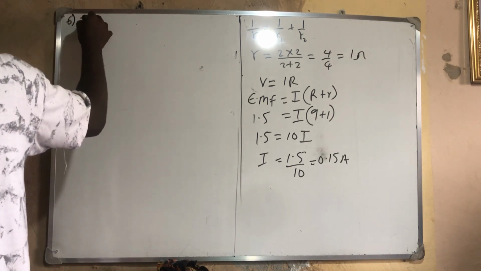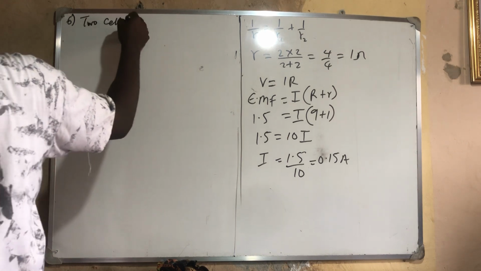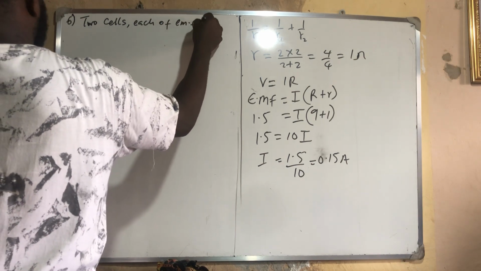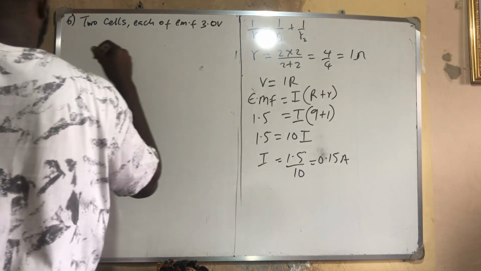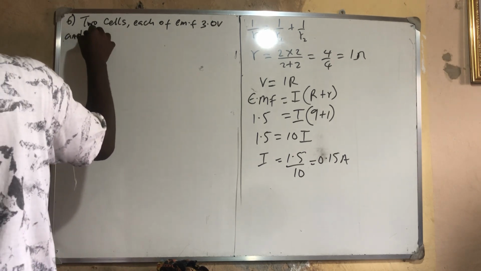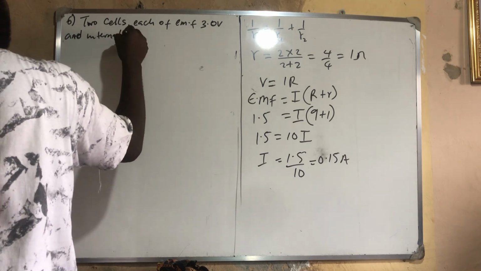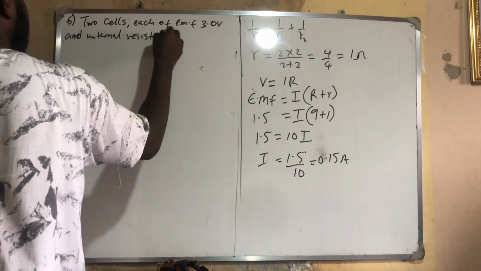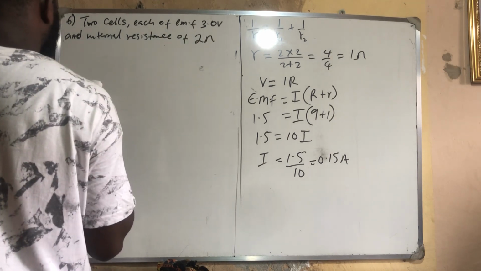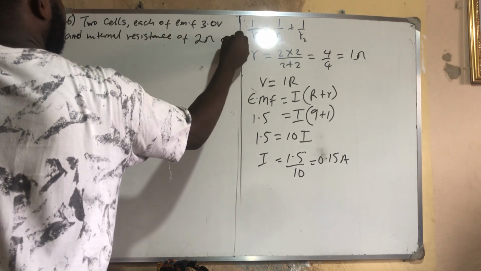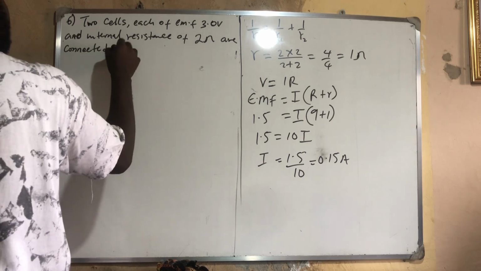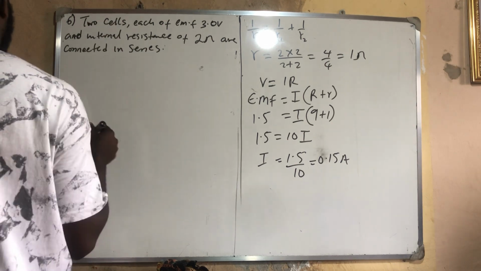Two cells, each of EMF 3.0 volts and internal resistance of 2 ohms, are connected in series.